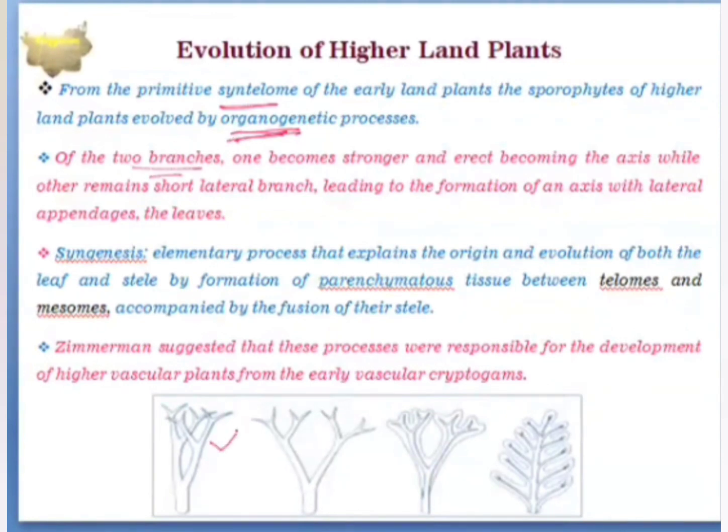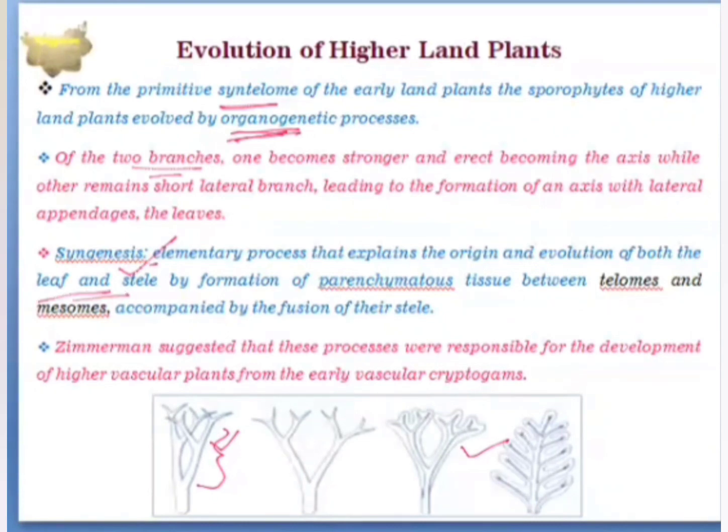Among these two branches, one branch becomes stronger and erect, becoming the main axis, whereas the other remains short, leading to the formation of leaves. Now, a very important process known as syngenesis explains the origin and evolution of both the leaf and the stele.